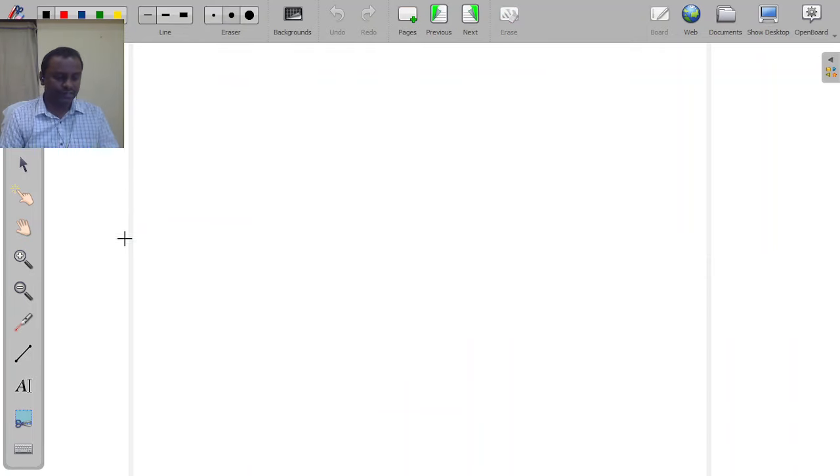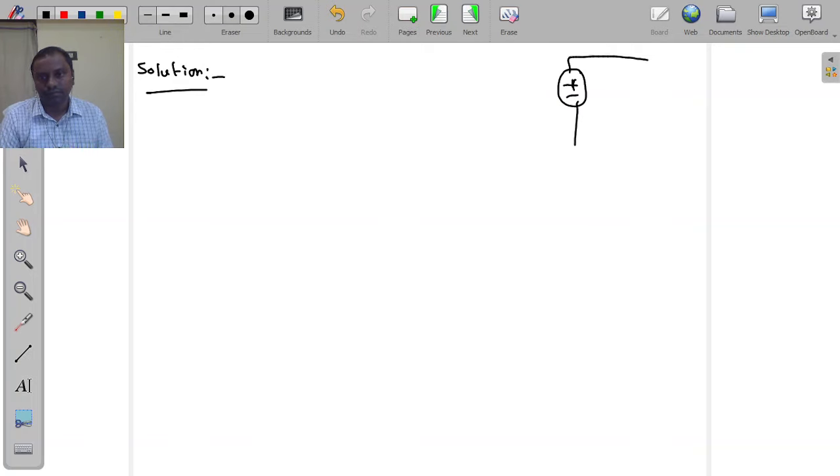So for this, first draw the circuit. Here it is, R is there.